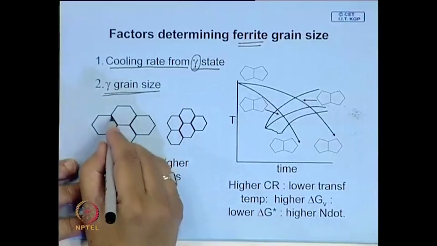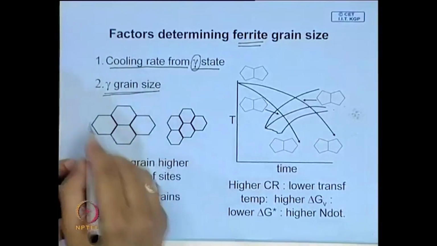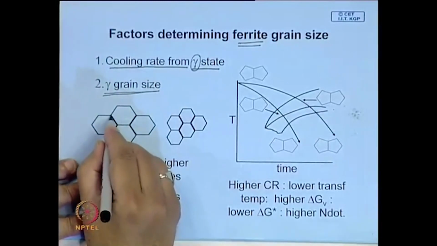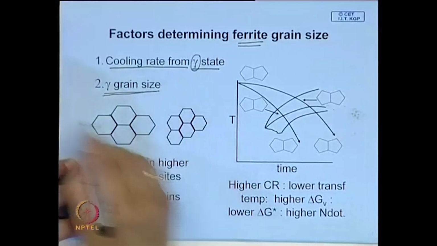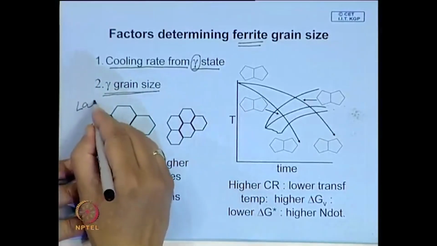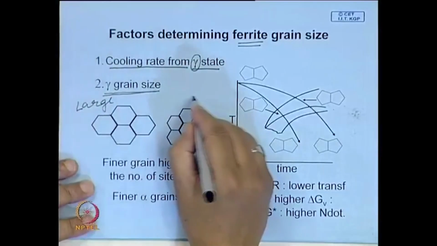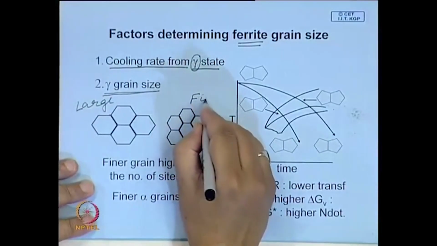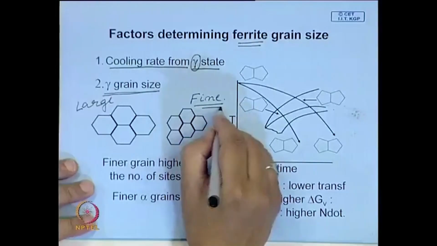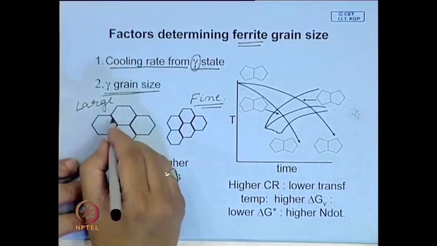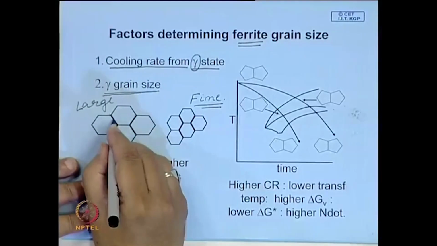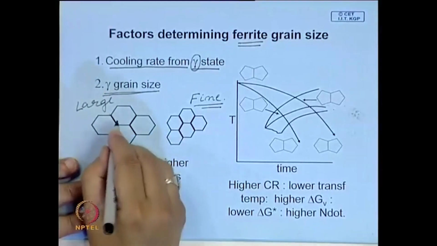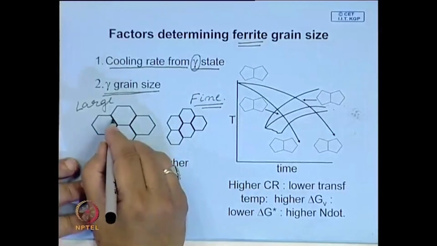Now, suppose you have two samples. In one case, the prior austenite grain size is large, which is shown over here. So, this is a large grain size, and in another case you have fine grain size. Now, what will happen? We know that new ferrite grains will form when you cool below the critical temperature, and the most favored nucleation sites are these.